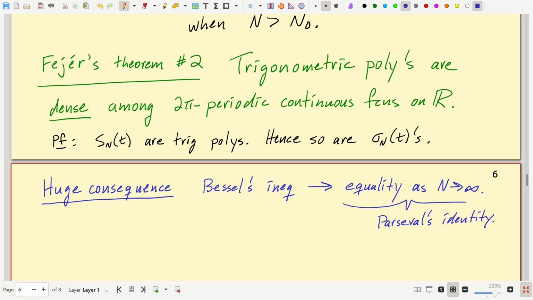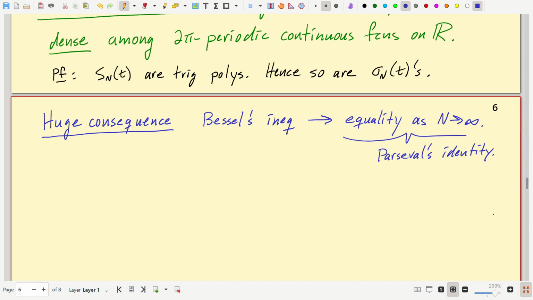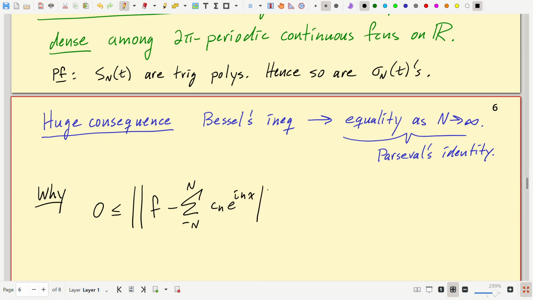Let me show you why. We've done all the work for this. Remember, I did this calculation. This is the L2 norm of f minus the sum with the Fourier coefficients, f hat of n. Remember, this is the best approximation in L2 to f.